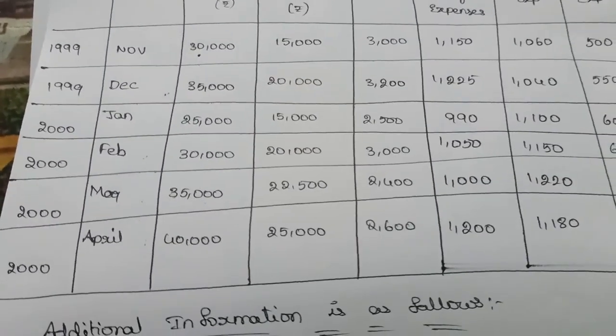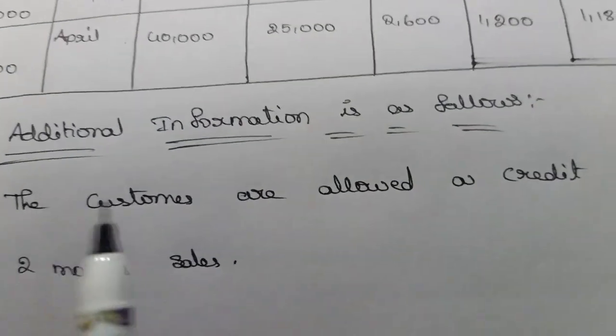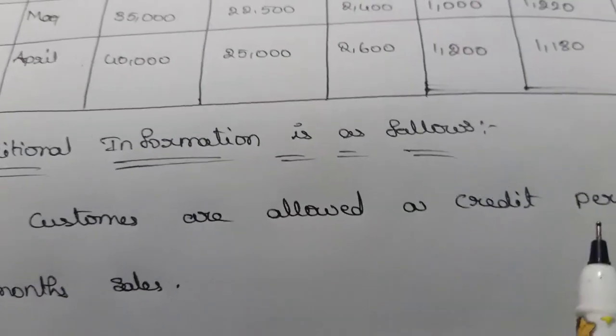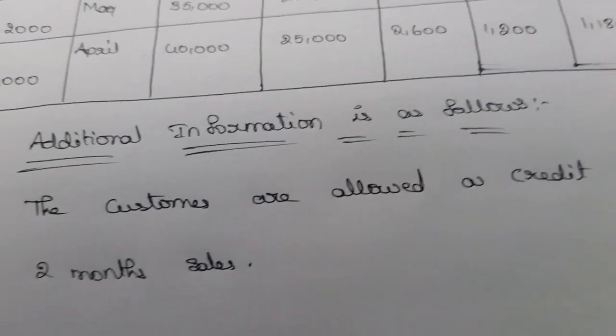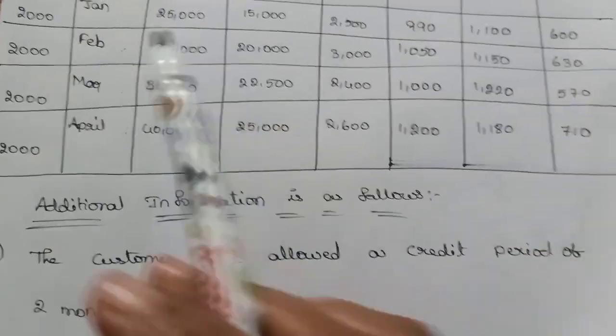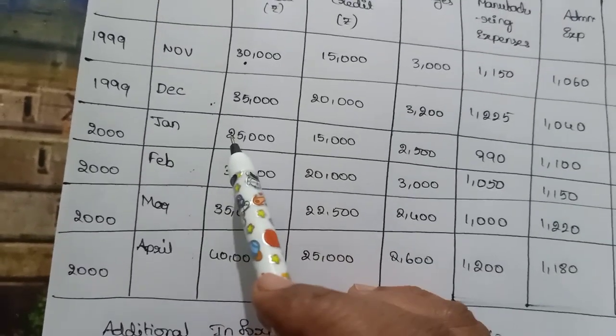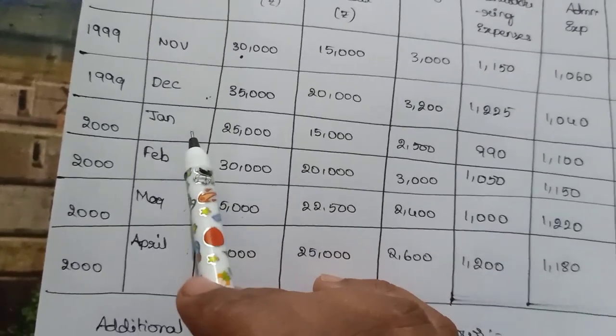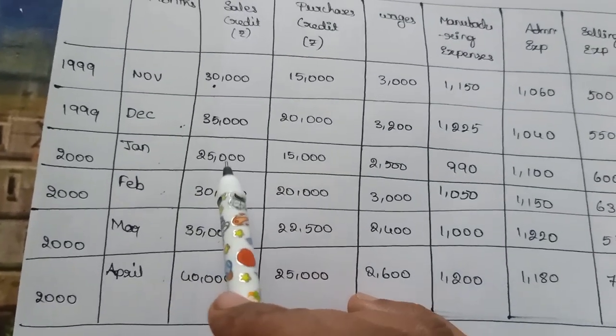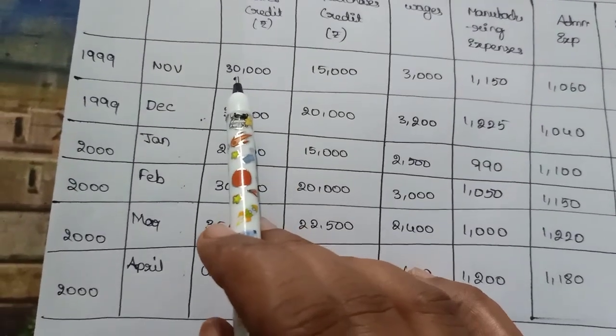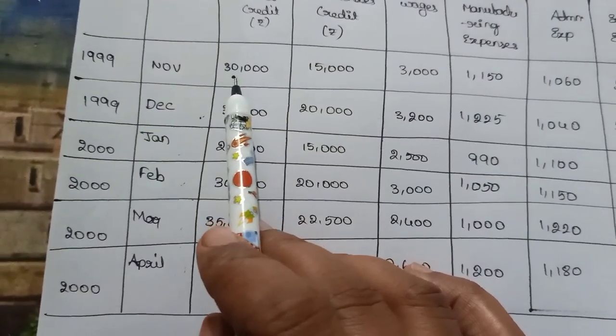But in the information they gave, the customers are allowed a credit period of 2 months sales. So the credit period, they give an opportunity to pay after 2 months. So after 2 months means, for example, we have to write in January the sales from November.